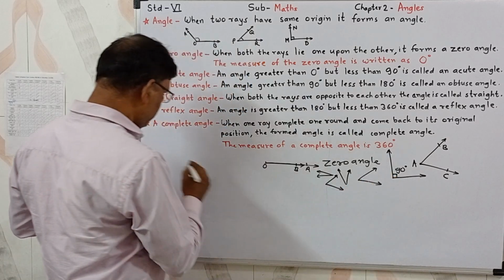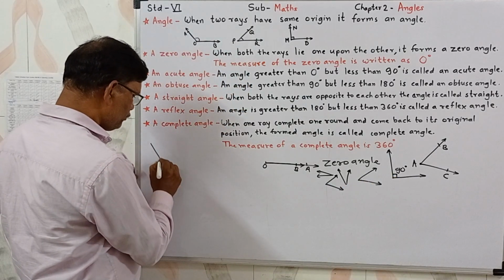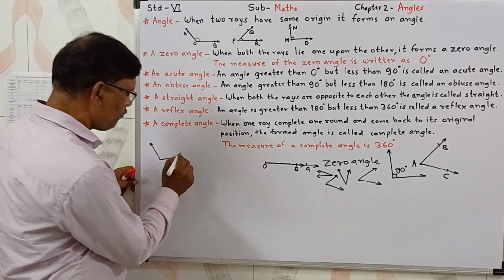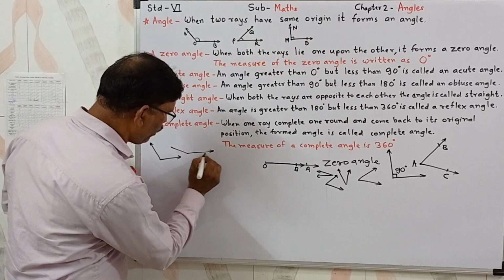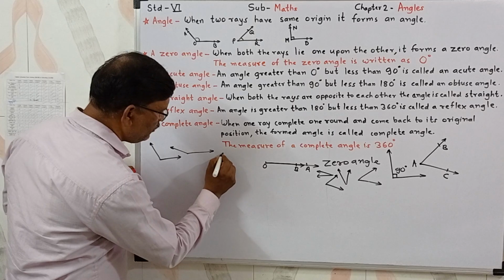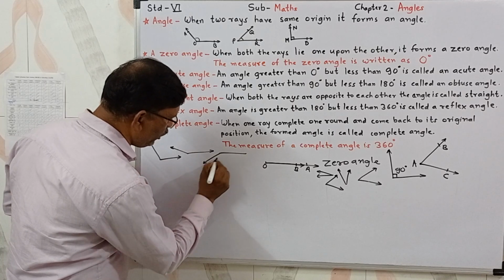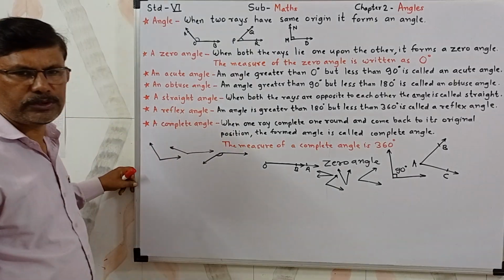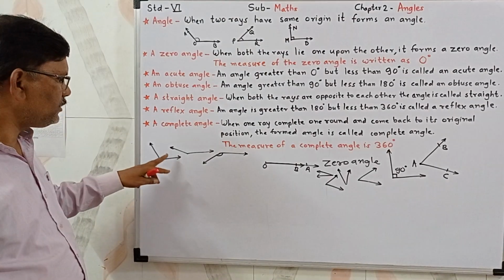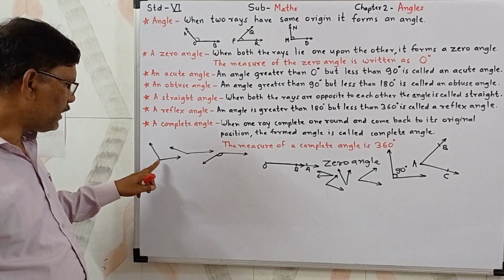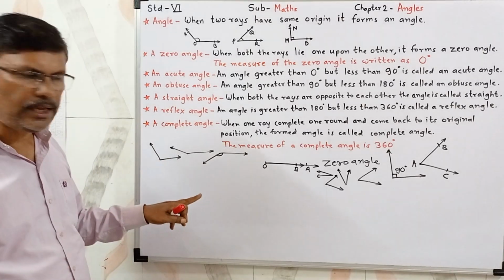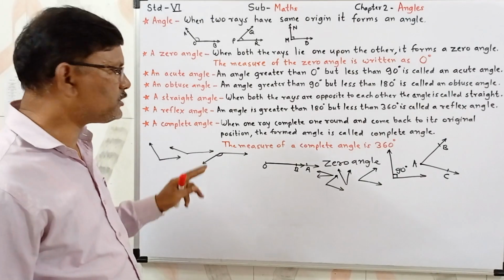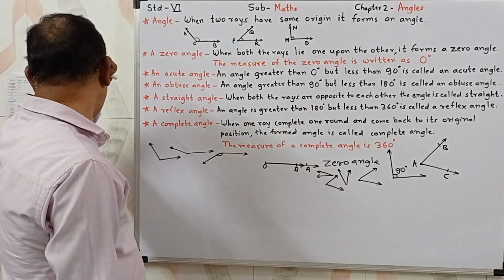Greater than 90 degrees means this type. This is an obtuse angle. This is also an obtuse angle. These are obtuse angles. They are greater than 90 degrees and less than 180 degrees. Understood?